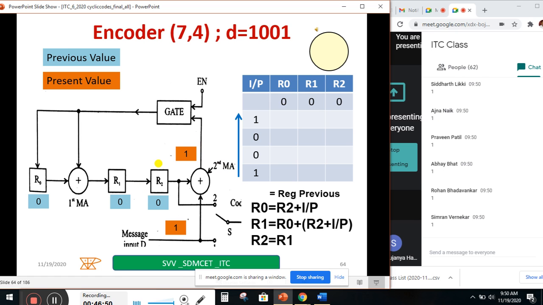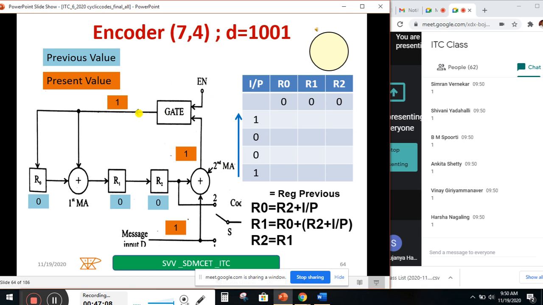This is an AND gate, and this enable is high. When this is high, whatever I am giving here, the same thing will come out. Since I am giving a high, the output of the AND gate will be high, hence I will get a 1.